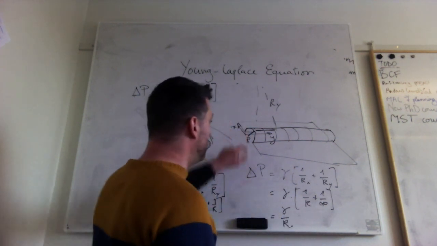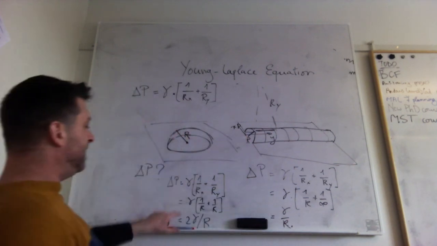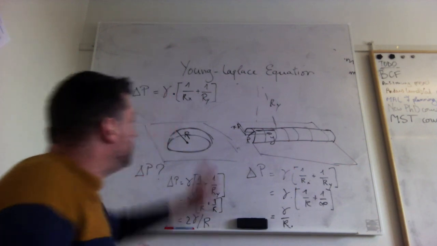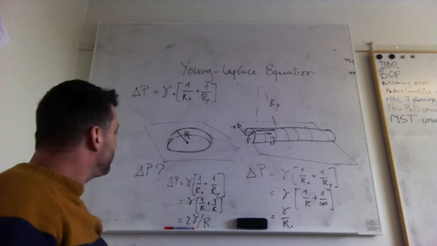So I see the pressure drop over a cylindrical surface with curvature radius R equals gamma over R, over circular it's 2 gamma over R. And you will find that any other solution, any other geometries that you can think of, will have somewhere an in-between solution.